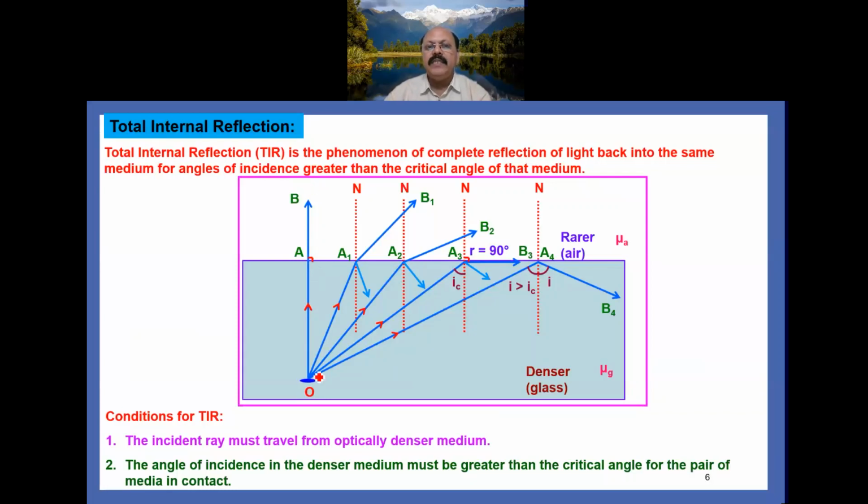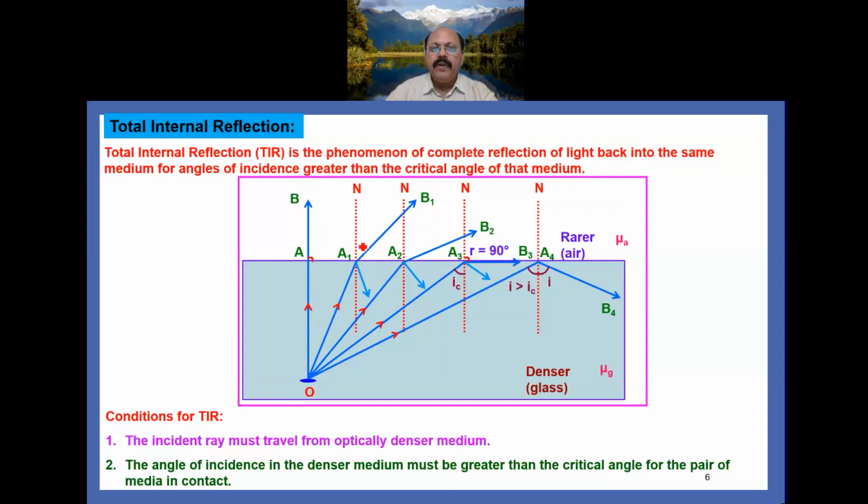Another ray of light which is incident along OA1 makes a certain angle with the normal, say angle of incidence. Then the ray is refracted along A1B1, making angle of refraction with the normal.